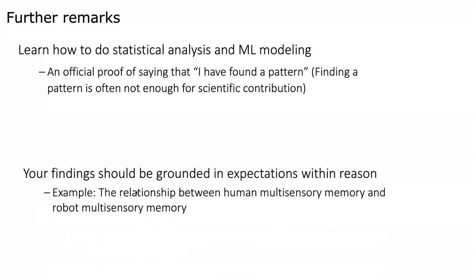When you do this, be careful about your assumptions. For example, if you say that you are going to develop a robot multisensory memory, well, it is a big question. So you should learn how to narrow down your research questions and try to find reasonable outcomes.